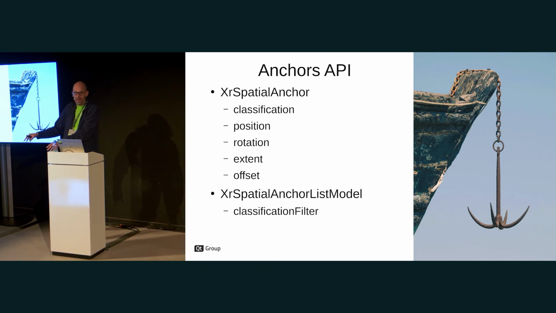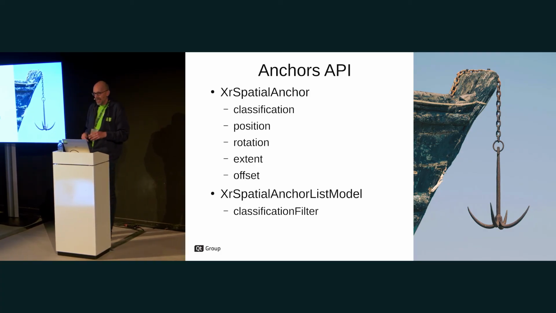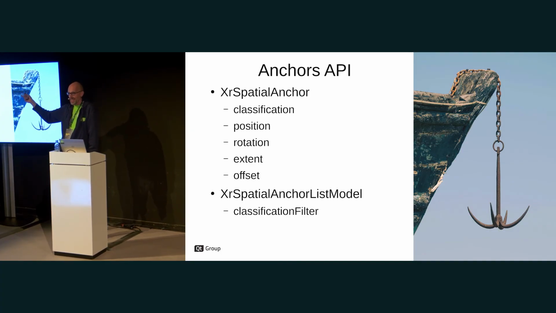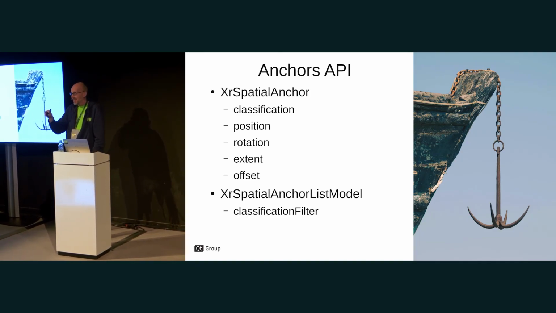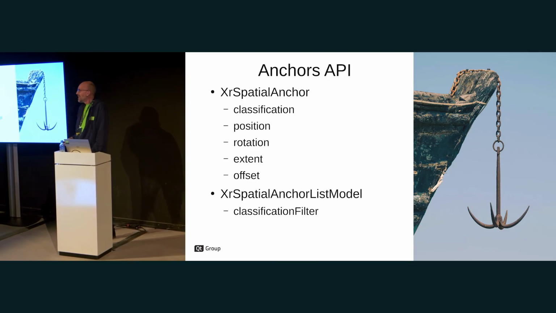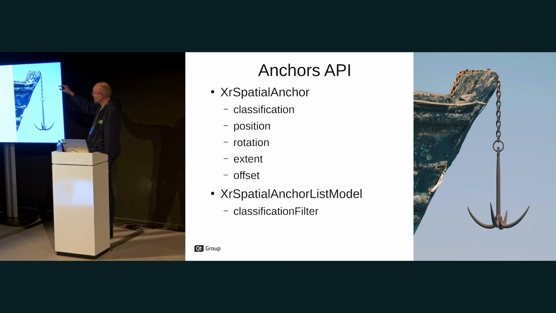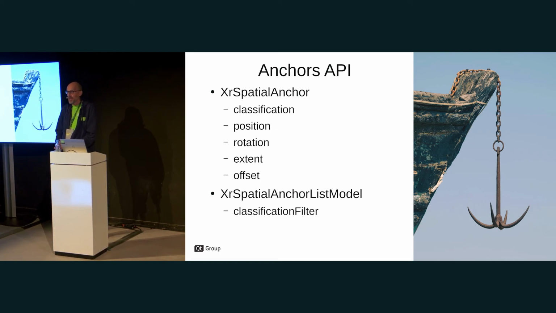It can be a table, a wall, a ceiling, screens, a cabinet. It's a three-dimensional item. The classification is what sort of thing it is. Then it has a position. The extent is how big it is. The offset is the offset between the position and the center of the object.